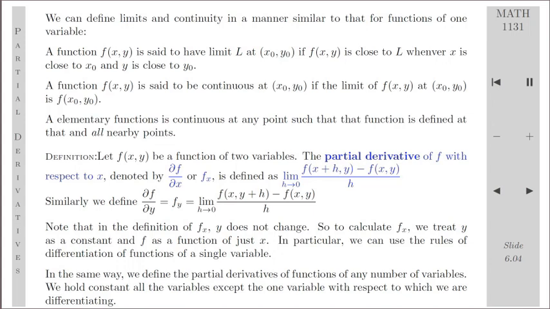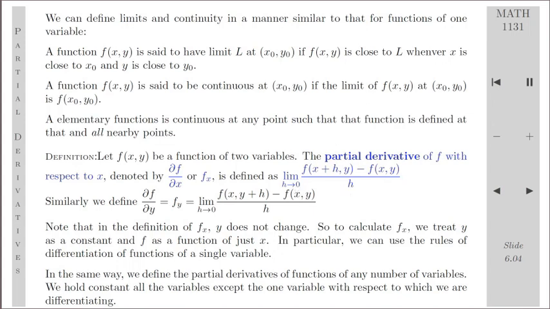So if there are just two variables, I change x by some amount, don't let the other variable y change, then take the change in the function over the change in x. In other words, I take f of x plus h comma y minus f of x comma y, over h, and then take the limit as h goes to 0.